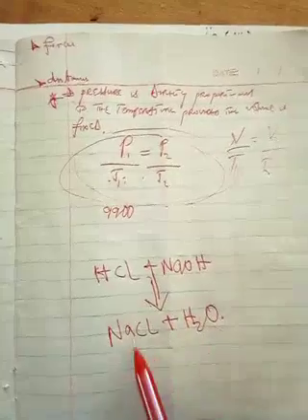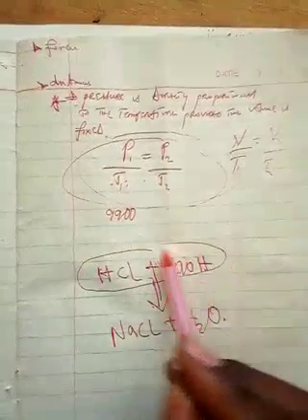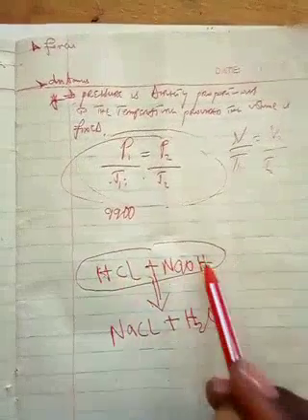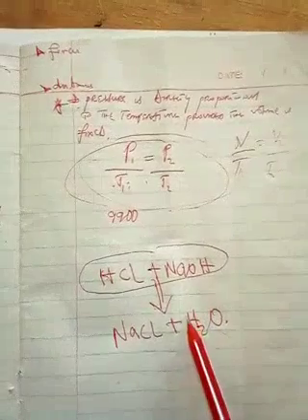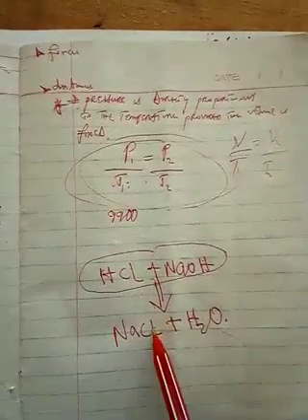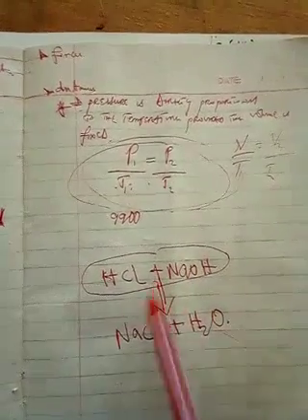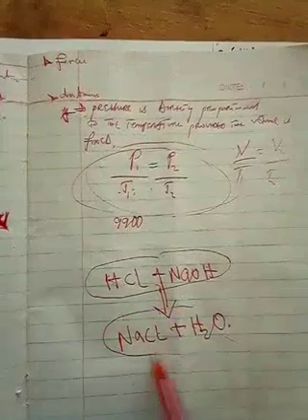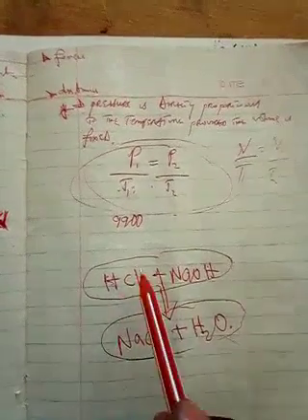So, if we look at it, on our reactant side, there are 2 hydrogens, just as we are having 2 hydrogens on the product side. There is 1 sodium, 1 sodium, 1 chlorine, 1 chlorine, a single oxygen there, a single oxygen there. So for problems like this, you're going to see that the equation is already balanced.